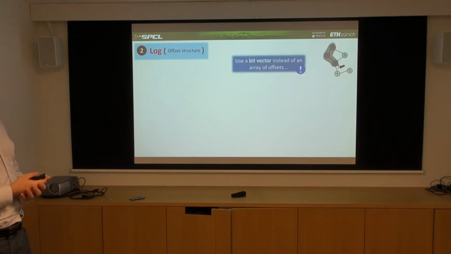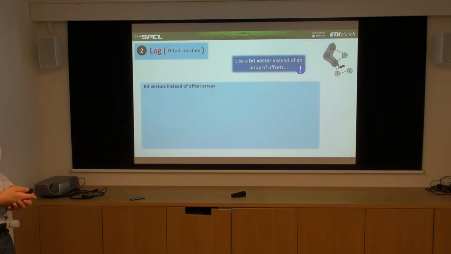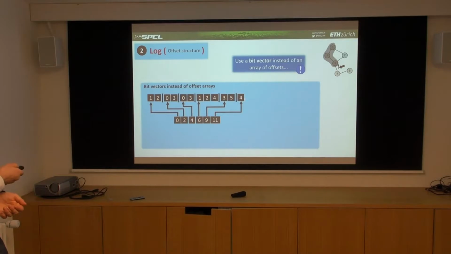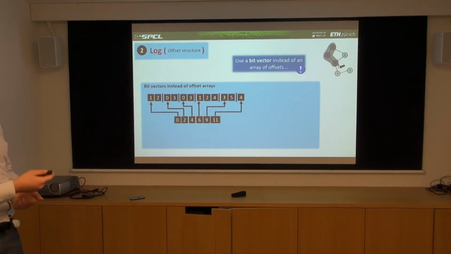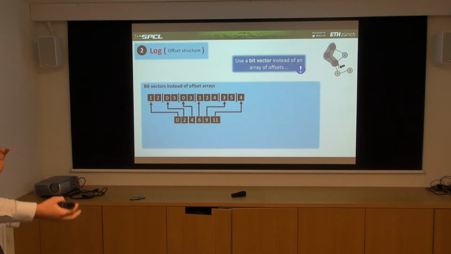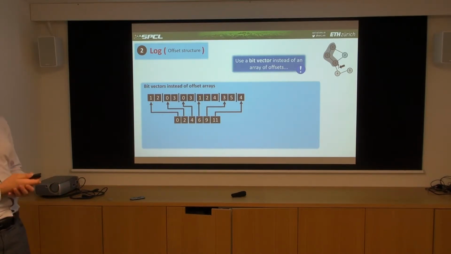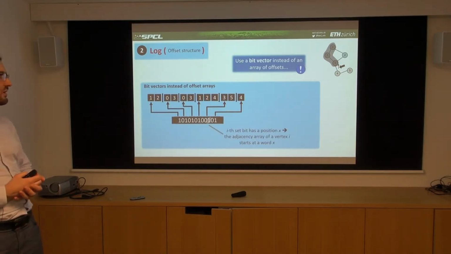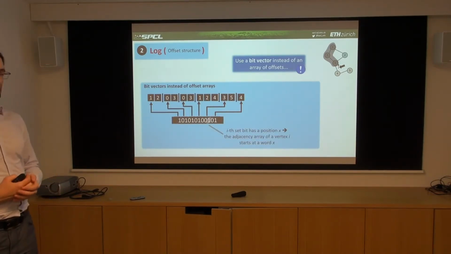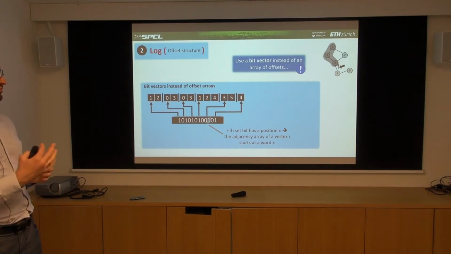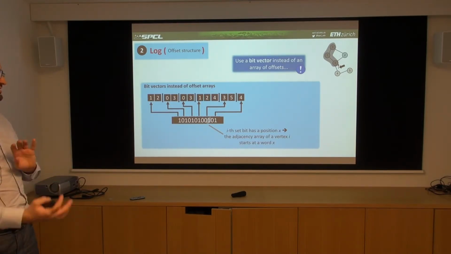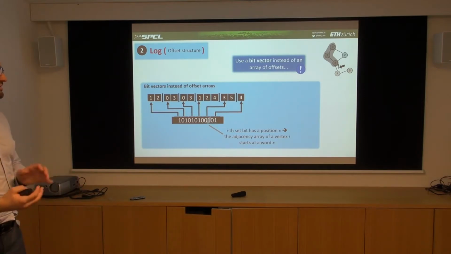Right, so the first step is to use a bit vector instead of an array of offsets. As we saw before, we have this huge contiguous array that corresponds to all these neighborhoods. We have the array of offsets, and here in the first step, instead of using this explicit array of offset integers, we use a bit vector where the ith set bit has the following meaning: the ith set bit has a position x, and this means that the adjacency array of vertex i starts at the word with the ID x.